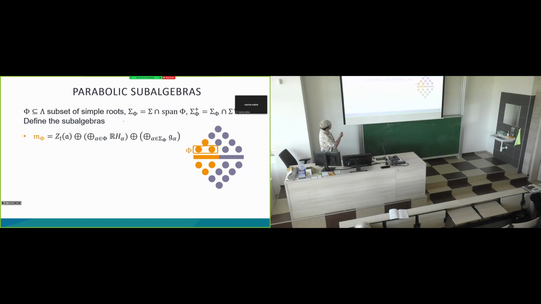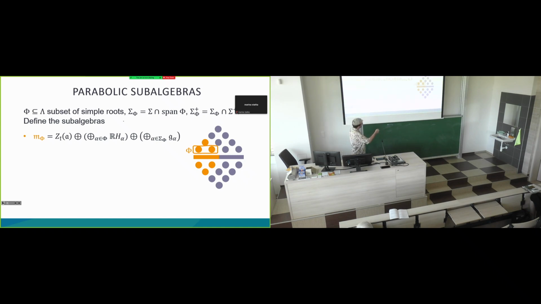So we take a subset of simple roots, and we define a set of subalgebras. Here we have m_Φ, which has this maybe complicated expression, but it's just taking the semisimple algebra, if you want, which might have an abelian part, corresponding to the roots in the span of this subset of simple roots.